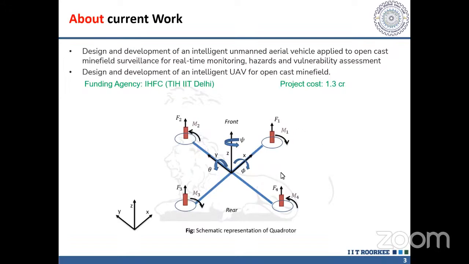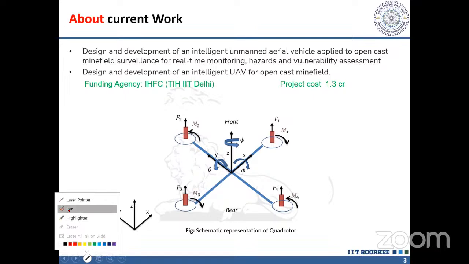So here you can see the schematic representation of the quadrotor. These are the arms, right? And these are the motors, and these are the propellers, the propellers attached to the motors, right?